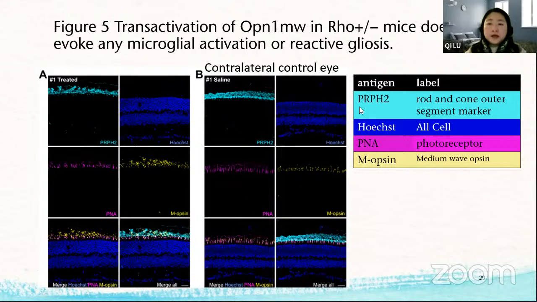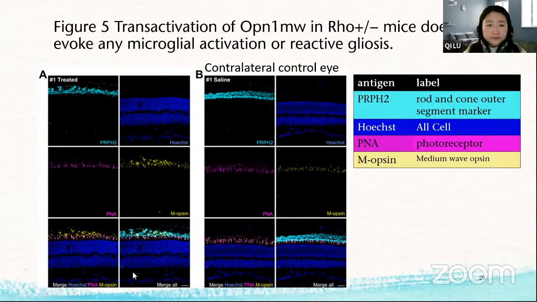They use PRPH2 to stain the rod and cone outer segments, and PNA to stain photoreceptors to see that the whole thickness is preserved, and there's an increase in cone opsin expression level.